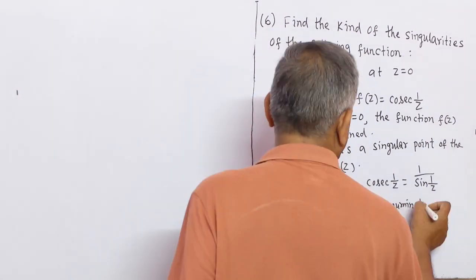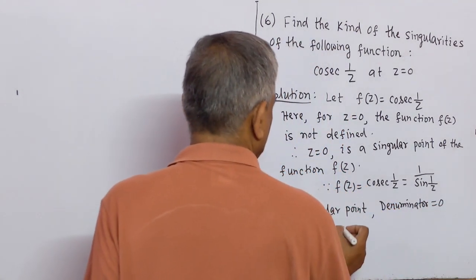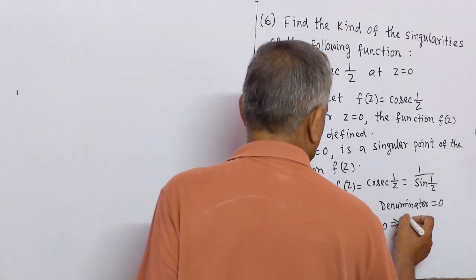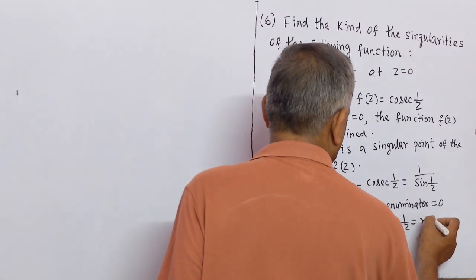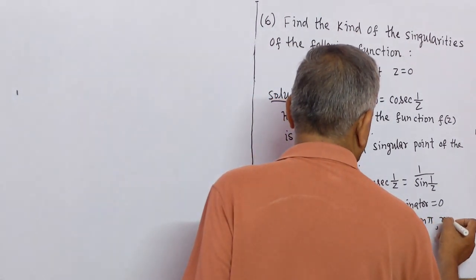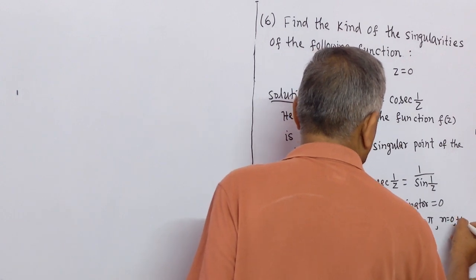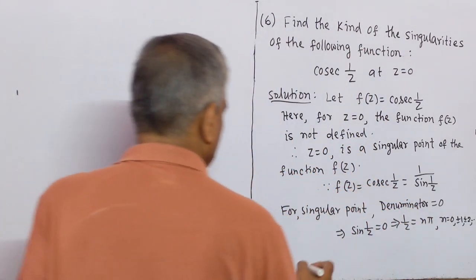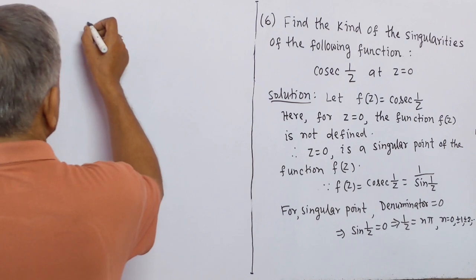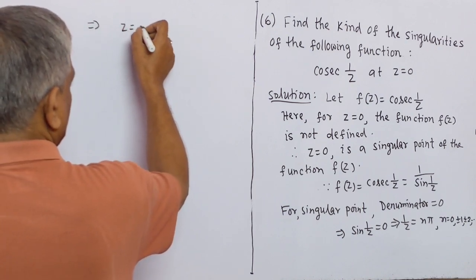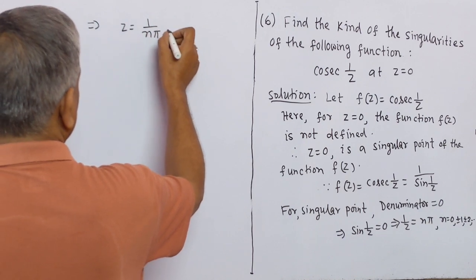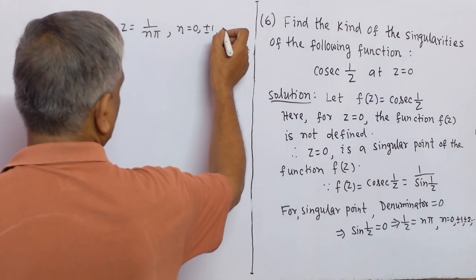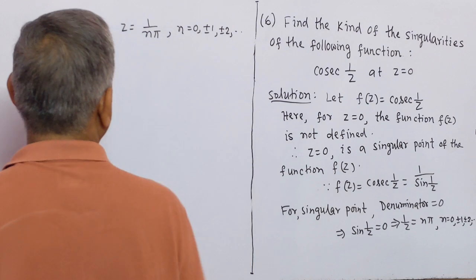denominator equal to 0 implies that sine 1 by z equal to 0 implies that 1 by z equal to n pi, n equal to 0, plus minus 1, plus minus 2, and so on, implies that z equal to 1 by n pi, n equal to 0, plus minus 1, plus minus 2, and so on.